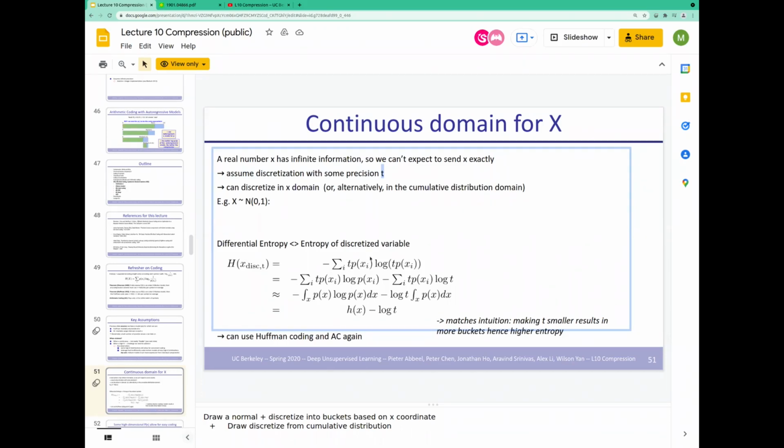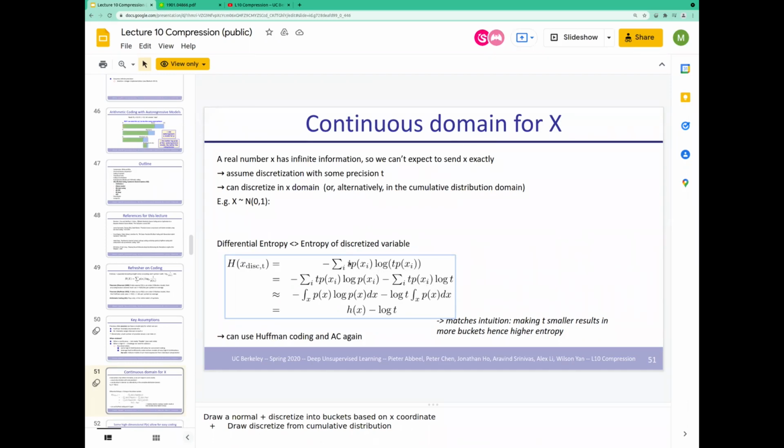Then this is just the formula for the entropy here, t p of xi log t p of xi. And if you separate the log parts out, because log t p of xi is log t plus log p of xi.